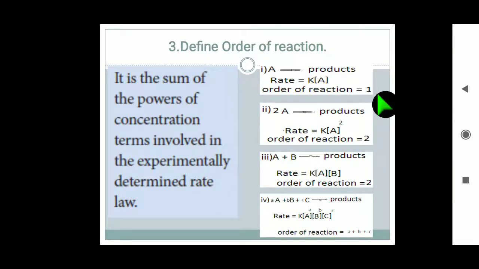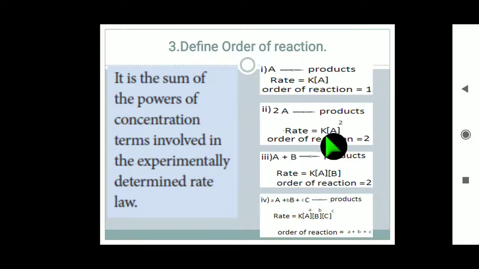So very simple. Second example we can see 2A, 2 means moles, otherwise we can say coefficient. 2A gives a product. So how to write the rate law?